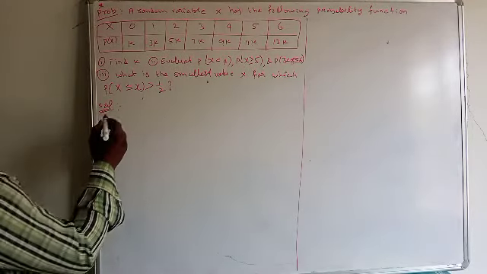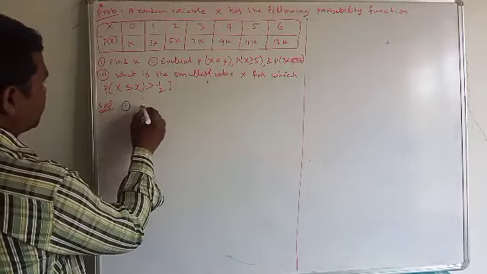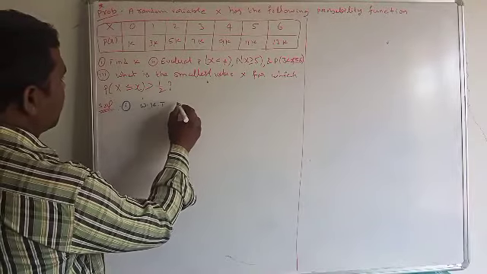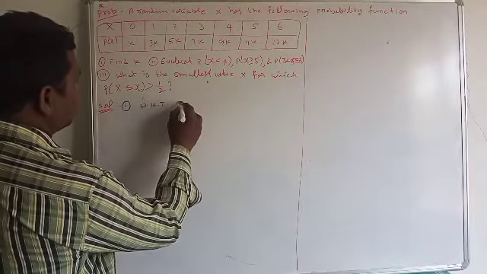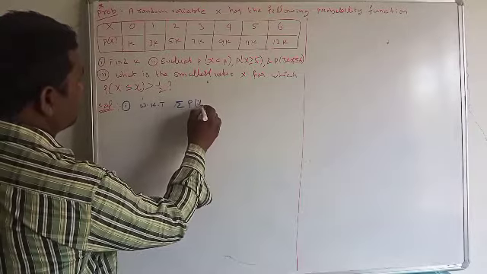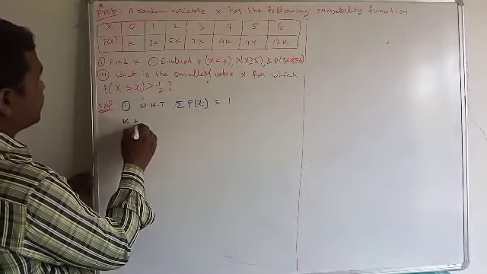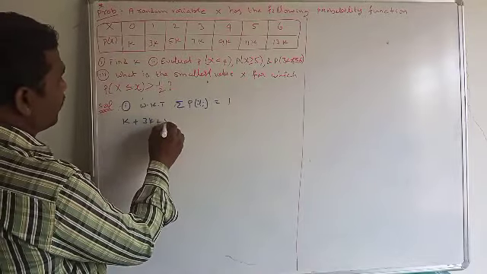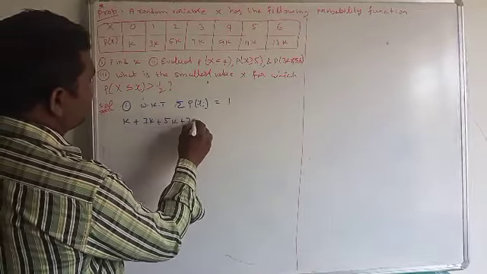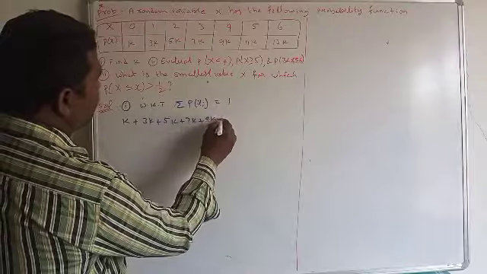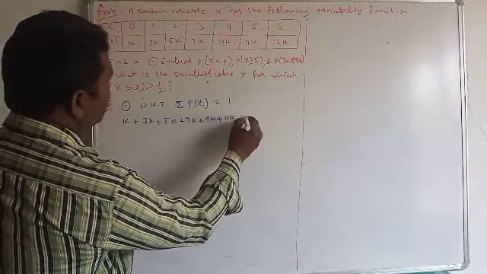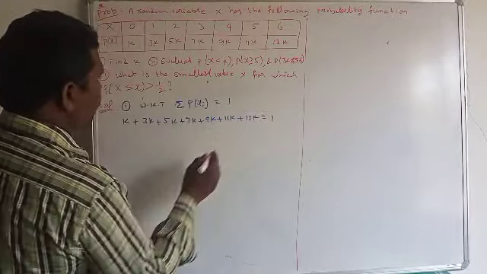First bit, children. First bit, we know that the sum of all probabilities is equal to 1, and that means k plus 3k plus 5k plus 7k plus 9k plus 11k plus 13k is equal to 1.